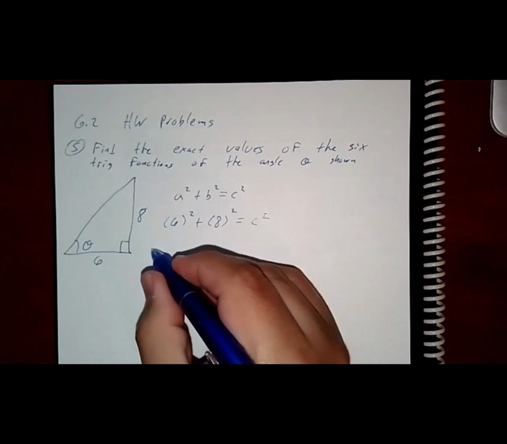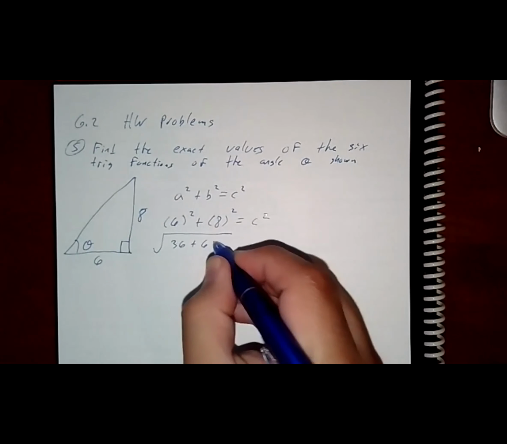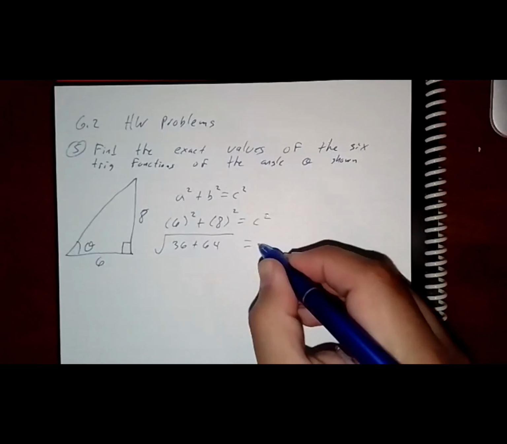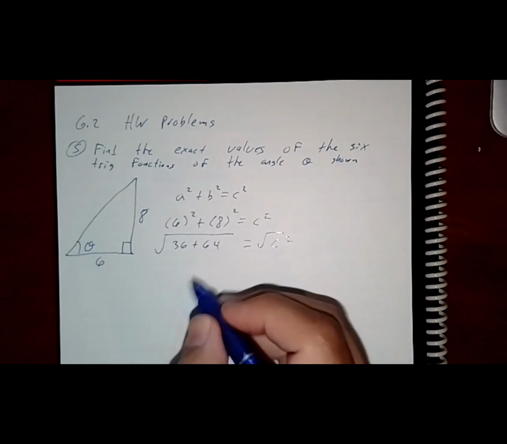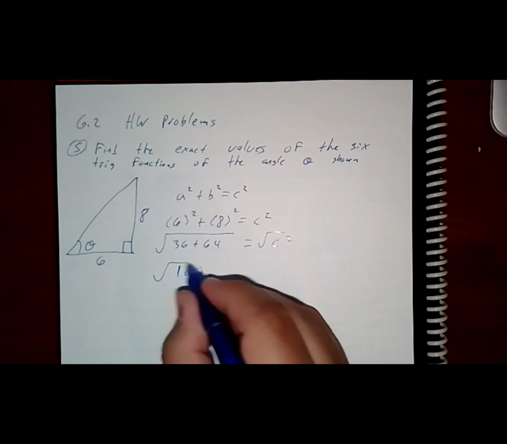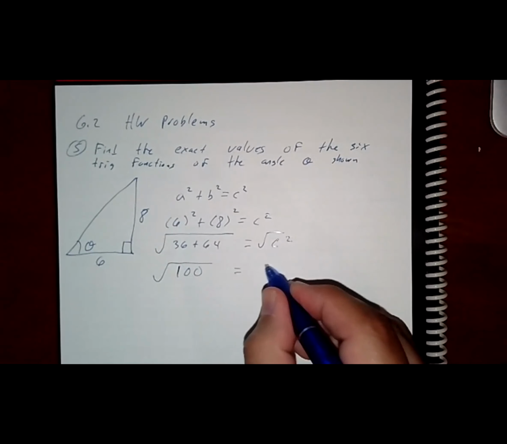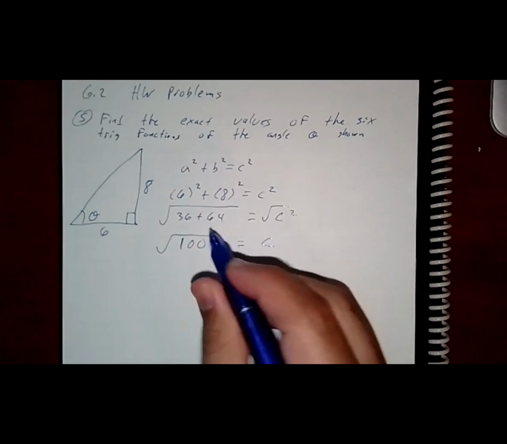So if I square root both sides, this is 36 plus 64, right? Square root C. What is 36 plus 64? That 100? So yeah, that's 100.